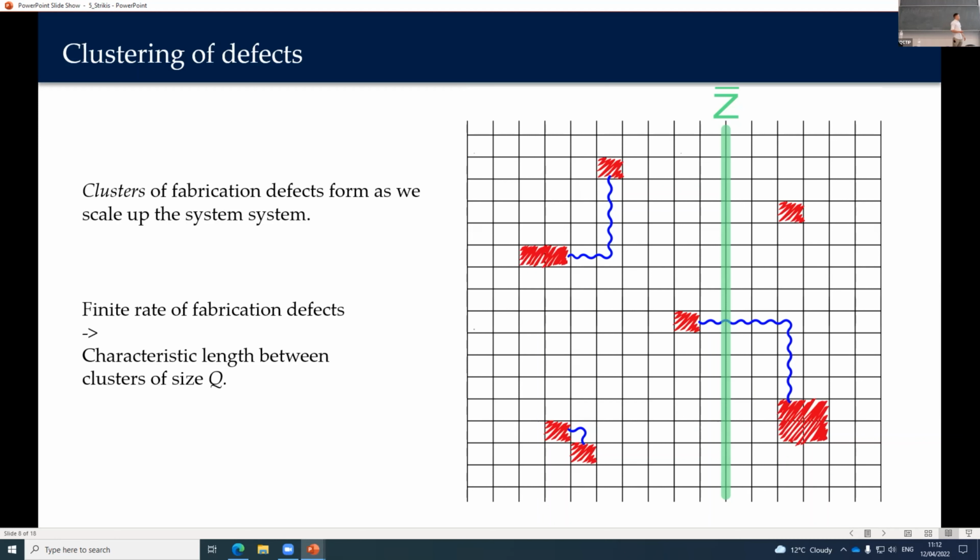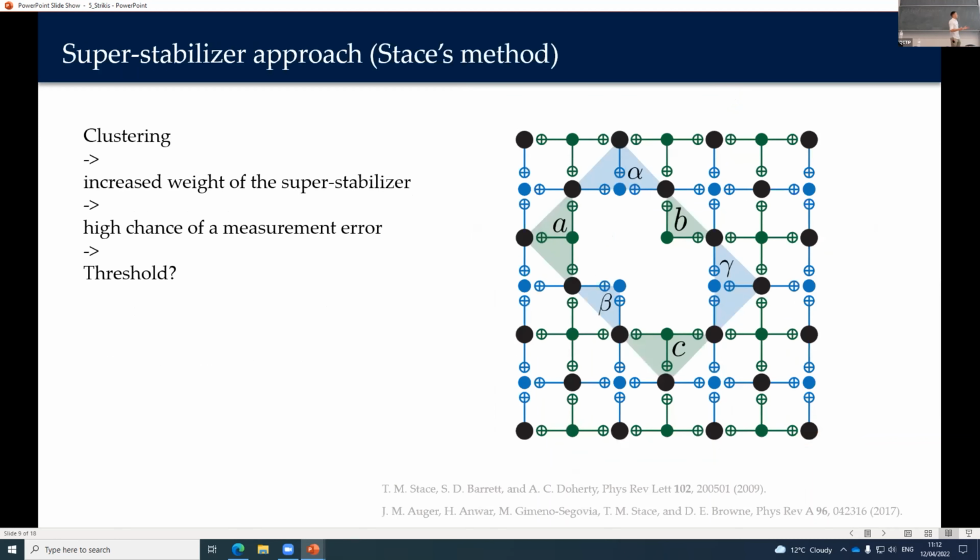What that means is that once we start trying to enclose the fabrication defect in this super stabilizer formalism, each individual gauge operator that the super stabilizer consists of has some finite chance of measurement error, and that leads to the full super stabilizer having quite a large measurement error once we scale to bigger sizes where the clusters are way bigger.